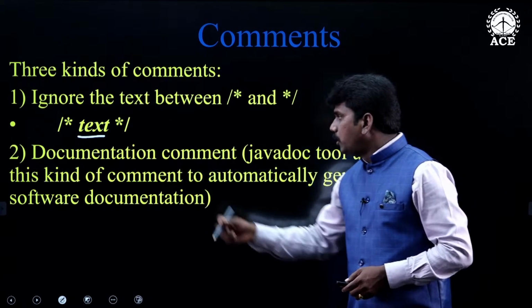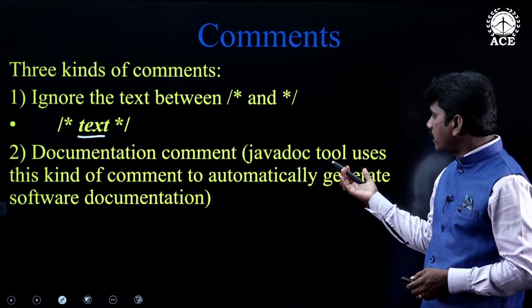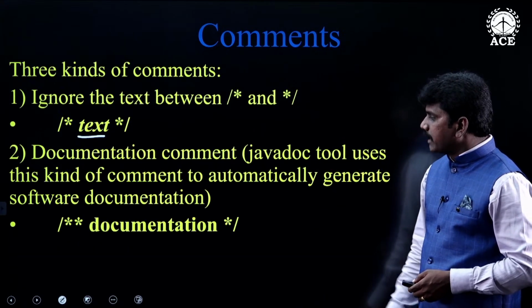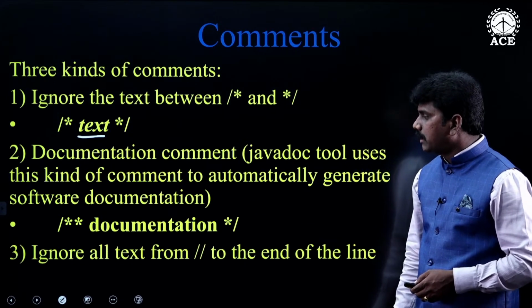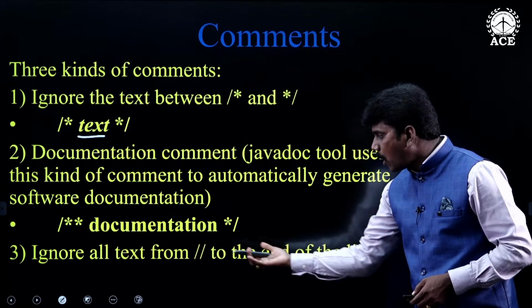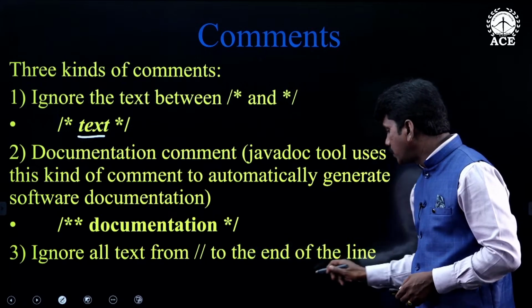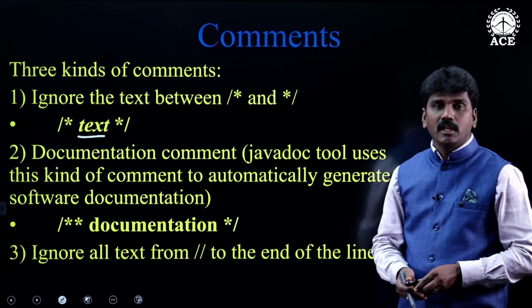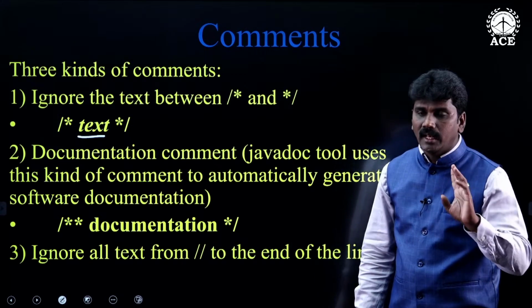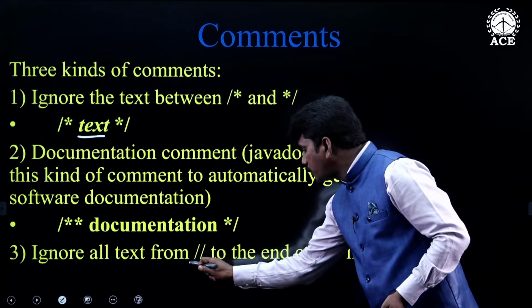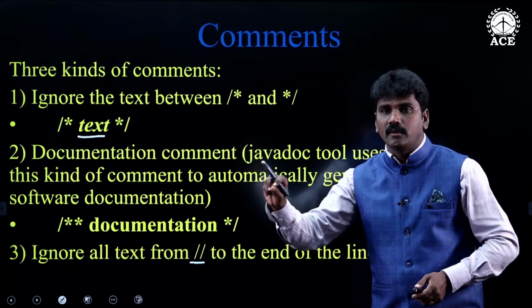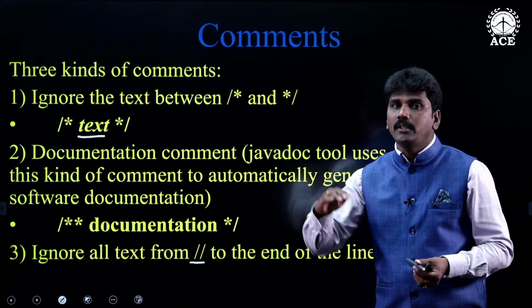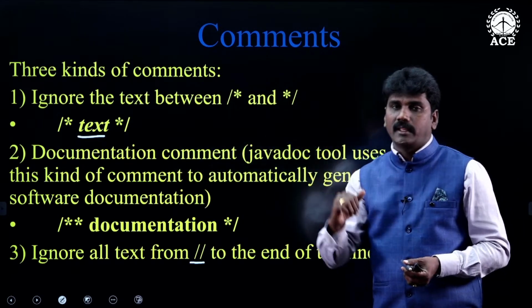The second one is the documentation comment, which the Javadoc tool uses, written as slash double star, documentation, star slash. The last one ignores all text from slash slash to the end of the line. If you would like to write a single line comment, you use slash slash, and whatever comment we write is terminated at the end of the line.